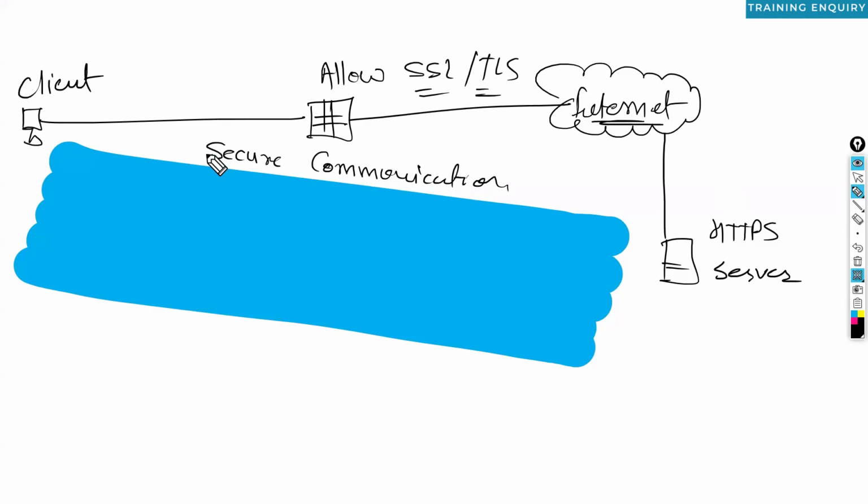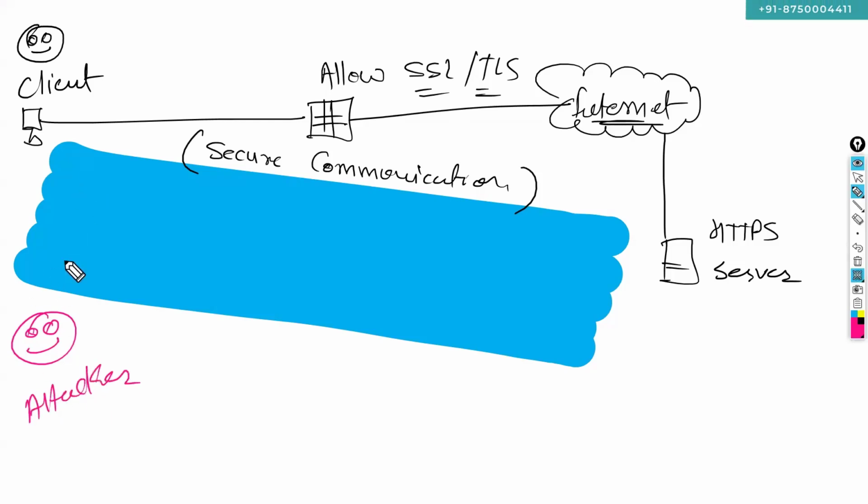But along with this secure communication, the user can also do bad activity. A normal user will do secure communication, but if the user's intention is not good, or assume we have a bad user, or whatever you can call it, an attacker, what can this attacker do with this tunnel? They can download or upload a virus, they can upload or download spyware, or there can be data loss.